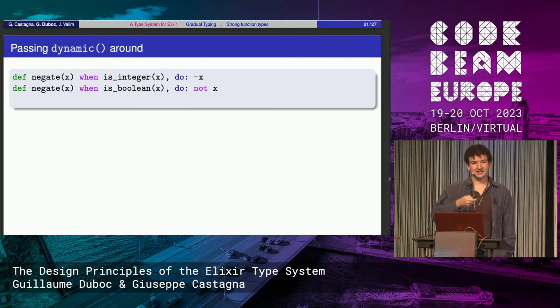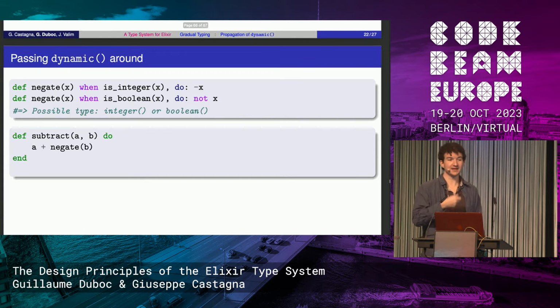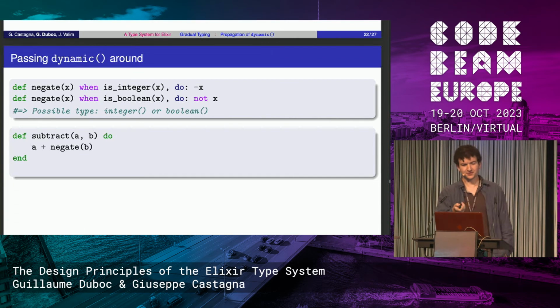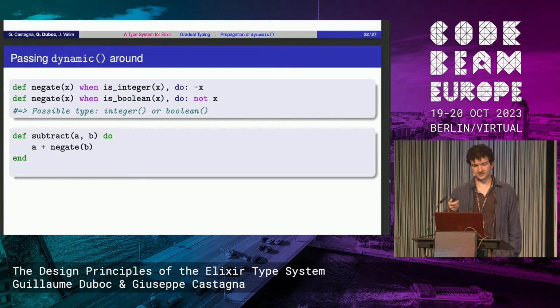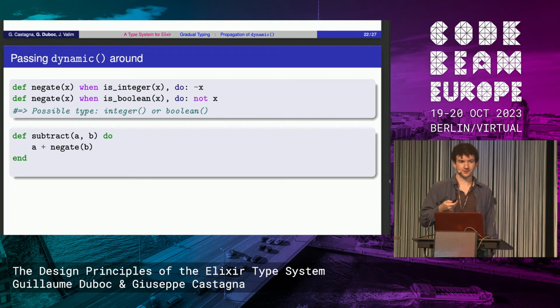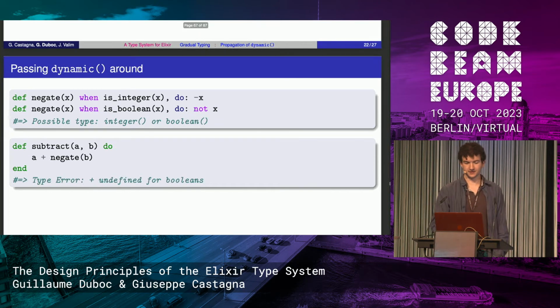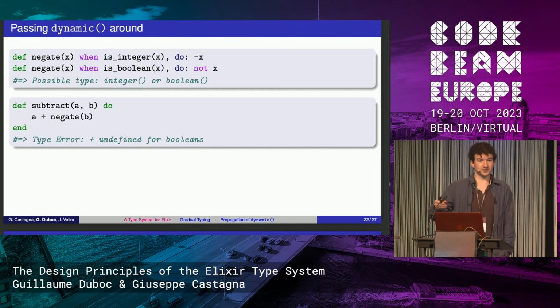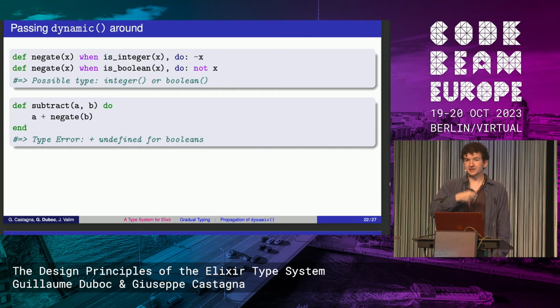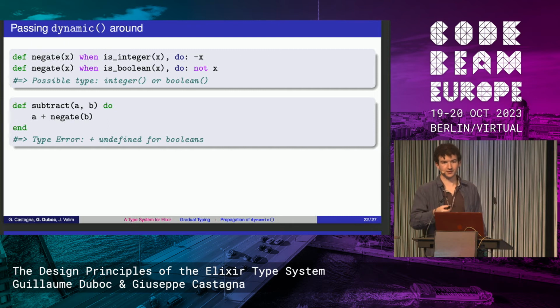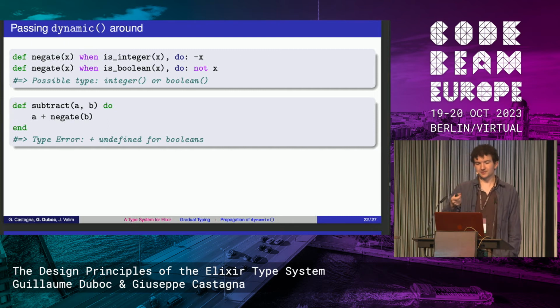So let's say we haven't written any type annotation, that is, function negate, then a type checker would infer that it returns integers or booleans. The issue, though, is that the function subtract, in dynamic mode, without any annotations, is going to give you a type error here, because you may potentially have a boolean inside of negate.